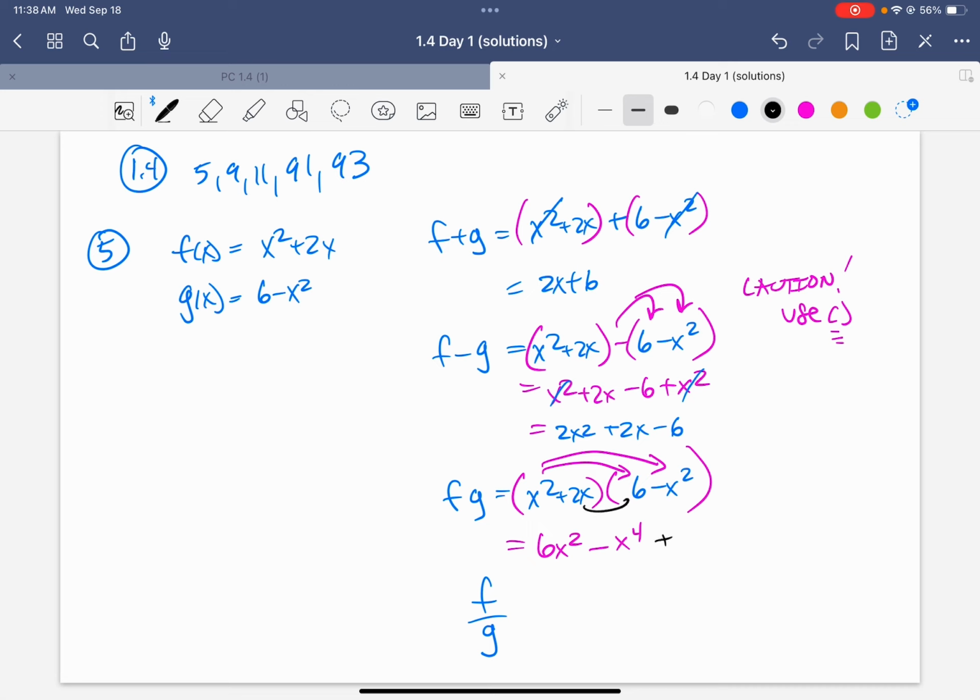So 2x hits that and gives me 12x. And this gives me negative 2x cubed. Double check my answer. So this is that, this is that, this is that, this is that. Okay. So highest power is negative x to the 4th minus 2x cubed plus 6x squared. And then plus 12x would be what that function turns out to be.